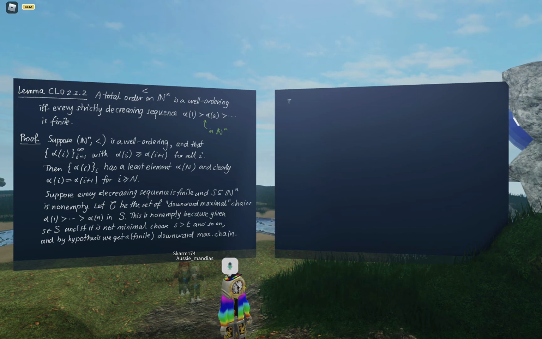And note that if I have two things in C, well, those endpoints have to be comparable. Right, so either alpha n is less than beta m, but this contradicts that chain beta being maximal.